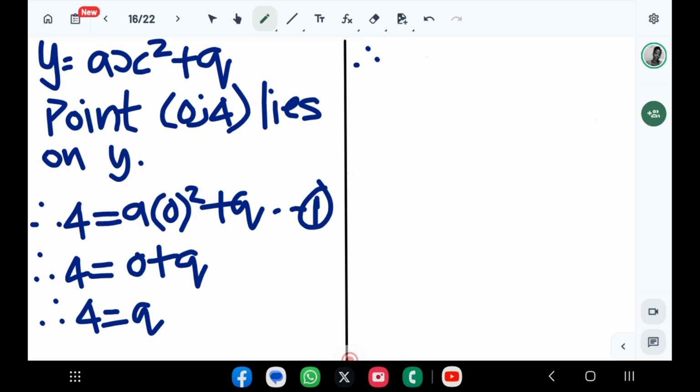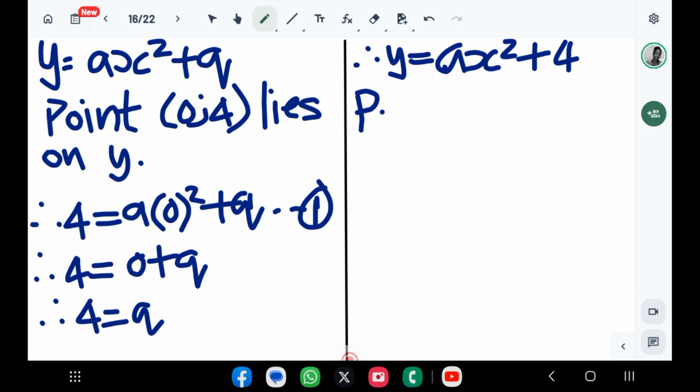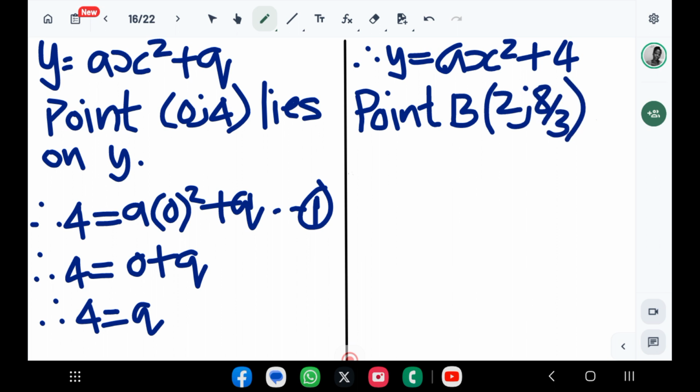Therefore, at this point, y equals ax² plus 4. The other point, point B, is (2, 8/3).